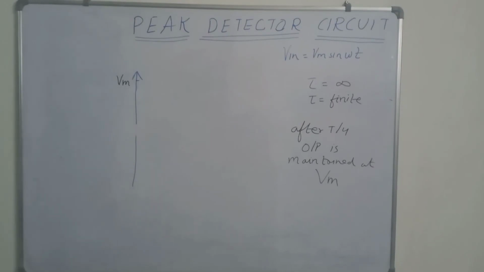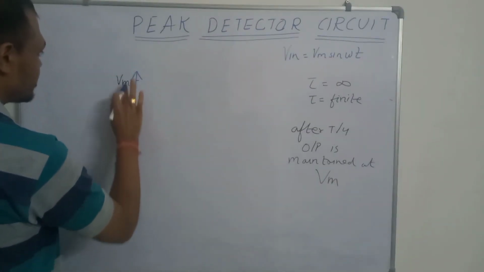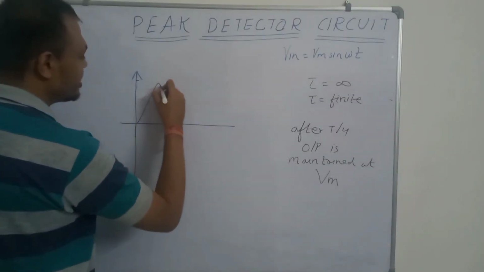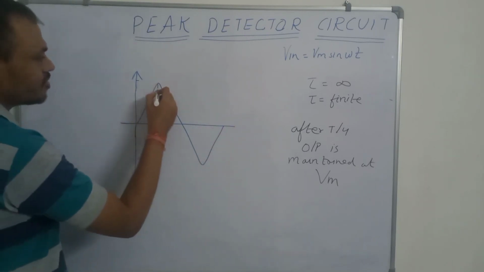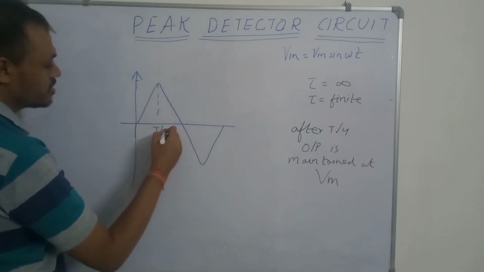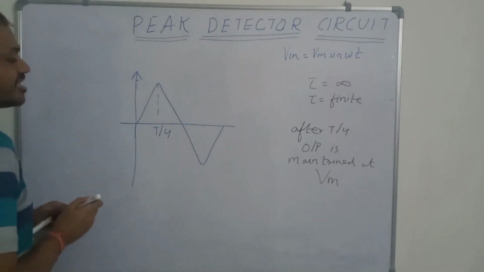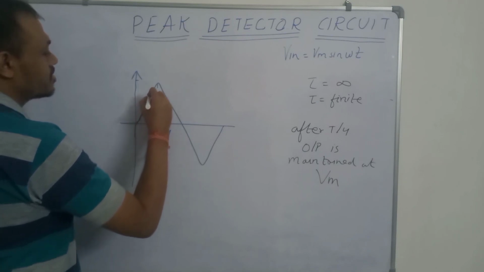If we have a triangular waveform, then also the circuit will work like a peak detector. So this is T by 4. The blue one is the input voltage, and the capacitor voltage, or the output voltage, I am drawing in black.